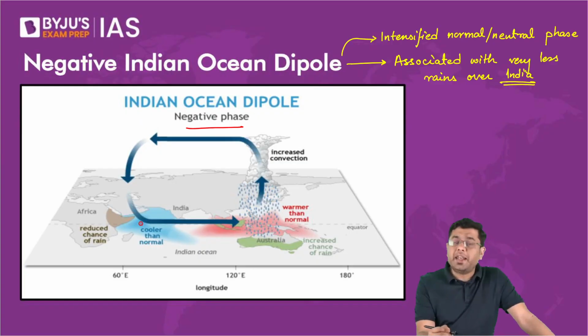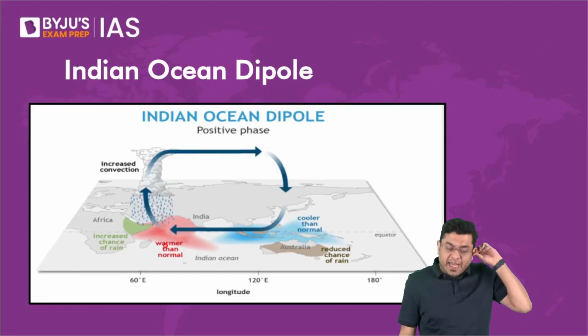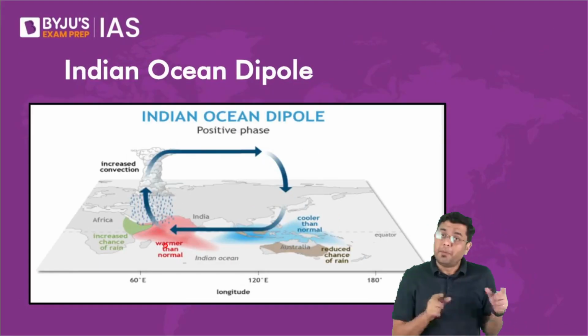In the case of the negative phase, where is it that you will experience greater occurrence of tropical cyclones? Very good. Again, Bay of Bengal, because here you have high pressure, you have cooler than normal water because of greater upwelling. Now, then we have the case of the positive.